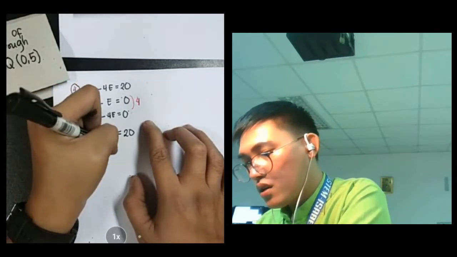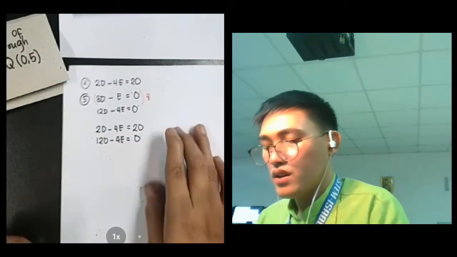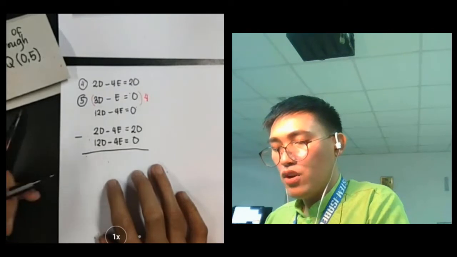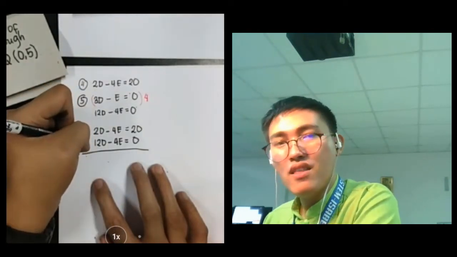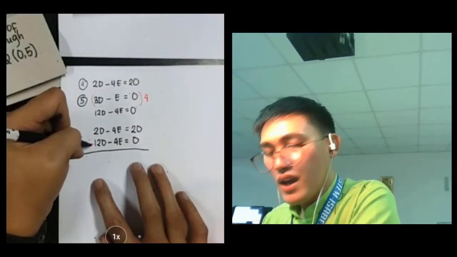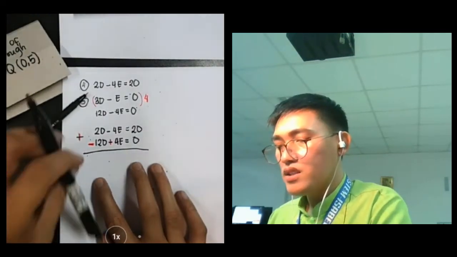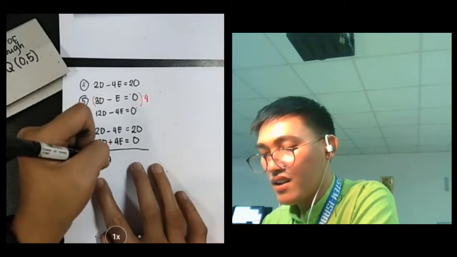In the rule of subtraction, I am always reiterating this: change the sign of the subtrahend, then proceed to addition. So 2d minus 12d is negative 10d. It is not 1d, not one direction, it's 10d. And equals 20, because we already removed e. Then to solve for letter d, divide both sides by negative 10.